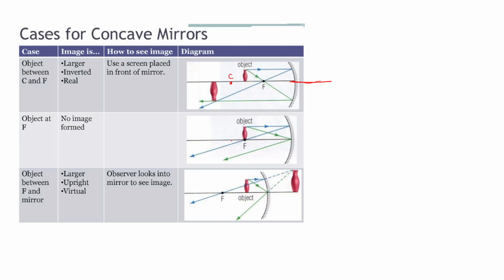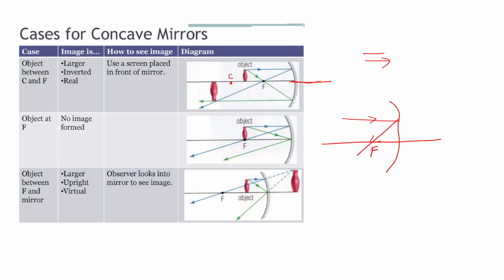When the object is at the focus, as I said, when the incident beams are parallel, they pass through the focus, and when the incident light is passing through the focus, then the reflected one is parallel. So here you can see, if the object is at the focus, we use these two ray diagrams.